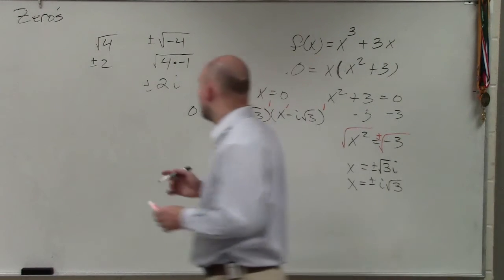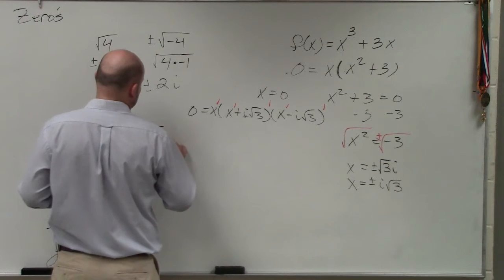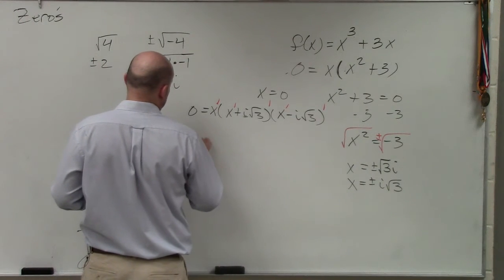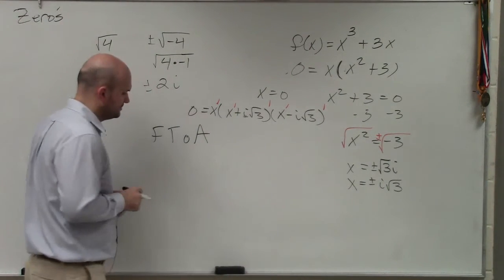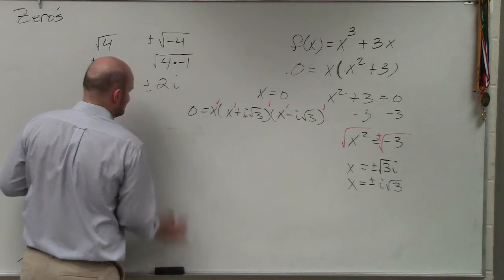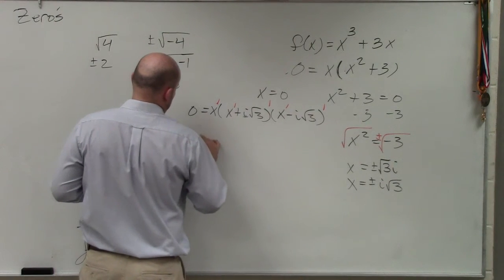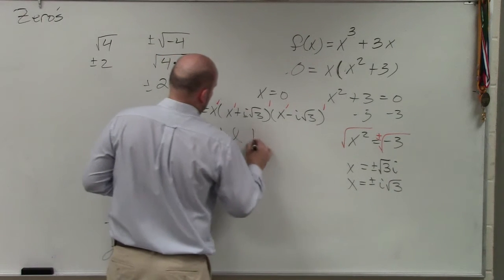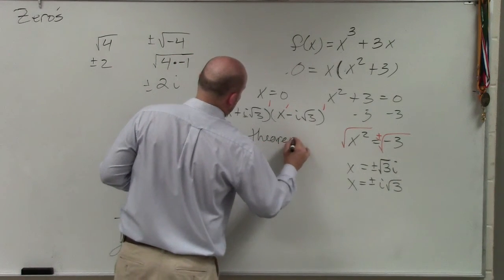The important thing that we're going to talk about is the fundamental theorem of algebra. I'll just write it out, and I'm going to abbreviate a lot of stuff in it.